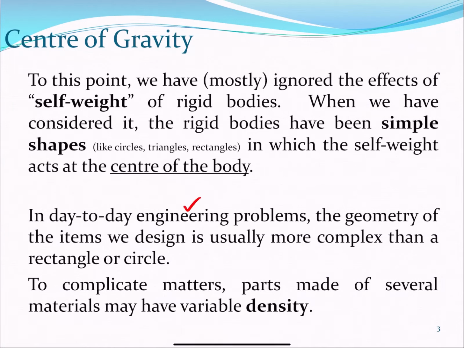In day-to-day engineering problems, the geometry of the items we design is usually more complex than a rectangle or a circle. Now, to complicate matters, a part could be made of several materials, and they may have variable density.